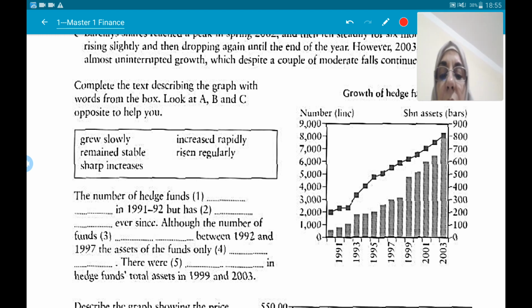I mean the before mentioned exercises. The number of hedge funds in 1991, 1992, but has ever since. Although the number of funds between 1992 and 1997, the assets of the funds only, there were in hedge funds total assets in 1999 and 2003.